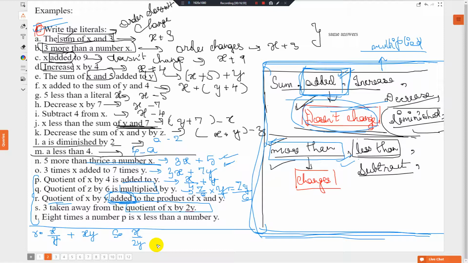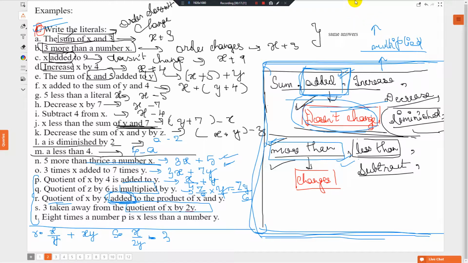Now 3. What they have asked is 3 taken away from the quotient of x by 2y, right? So in that case, we have to subtract it. Taken away means subtraction. So minus 3.